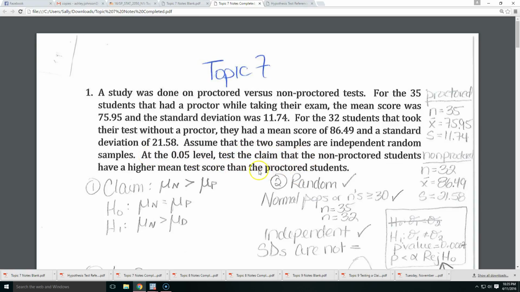So this is what I recommend basing your H0 and your H1 order off from. You could put a 1 and 2 here and label this as 1 and 2, but I think it's easier for me, you, and anybody else that sees your hypothesis test if you have labels like N and P, which are just as straightforward as 1 and 2 if you have a clear label. So I'm doing proctored, non-proctored, and those match up.